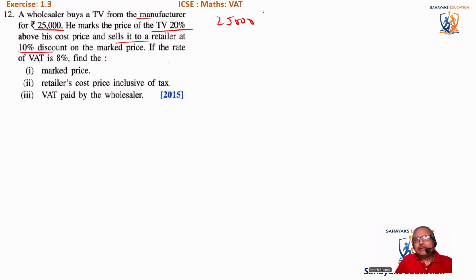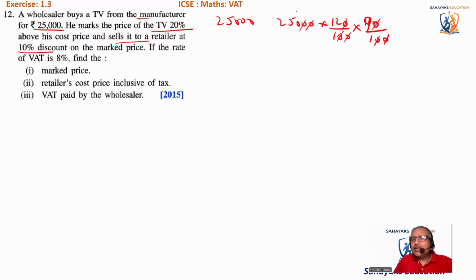So we'll say 25,000 into 20% increment is 120 by 100. And then he gave a discount of 10%. So we'll say it has been sold at 90% of it. So this is 90 by 100. Okay, so the zeros get cancelled here.